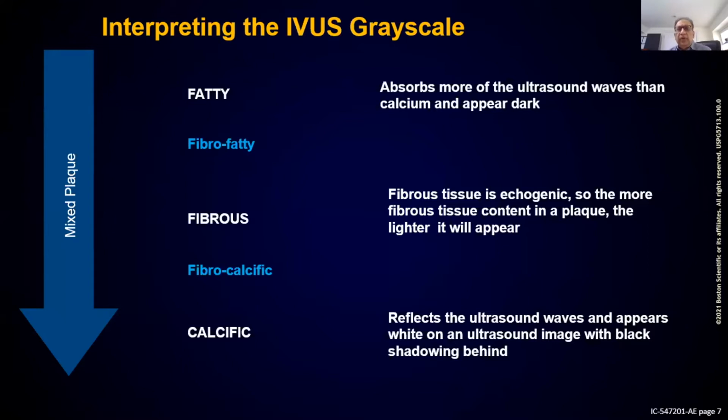So the more fibrous tissue content in the plaque, the lighter it will appear on the grayscale. And then there's a calcific plaque, which reflects ultrasound waves and appears white on the ultrasound image with black shadowing behind. So the basic rule is if you see a very bright arc in the artery and there is no shadow behind, it is usually due to calcified plaque.